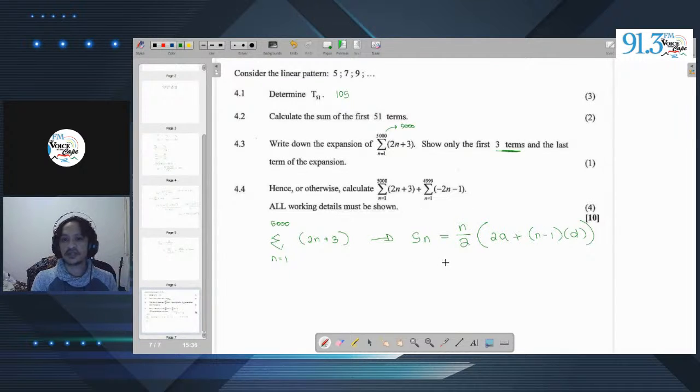This is essentially saying the same thing, right? So we can highlight the things we need. We need our n value, we need our a value, and we need our difference.